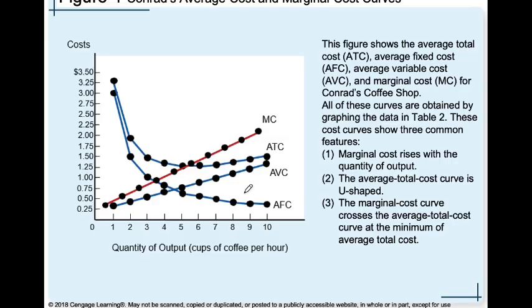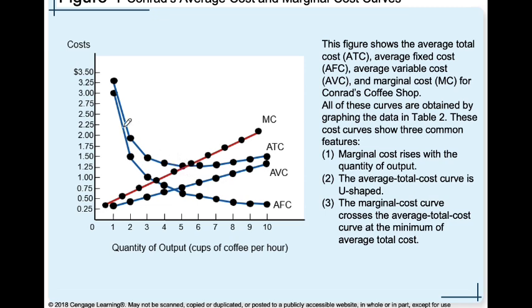So these are some shapes that we've already discussed. Notice how the marginal cost is always increasing, the average variable cost is also increasing, the average fixed cost falls, but the average total cost falls, but then it starts to rise. And notice that it cuts the marginal cost at its lowest point.